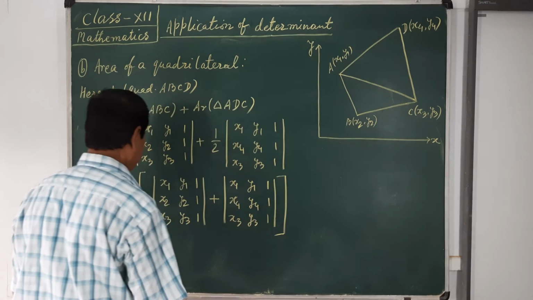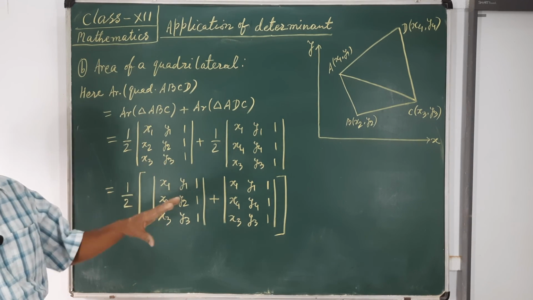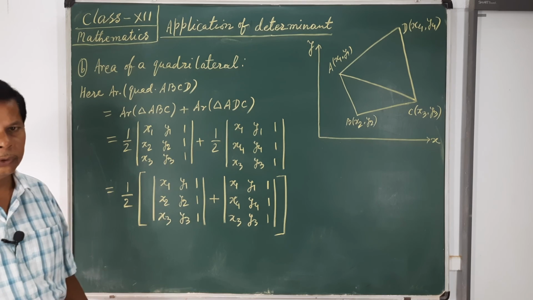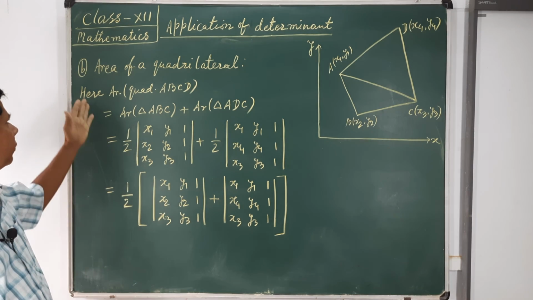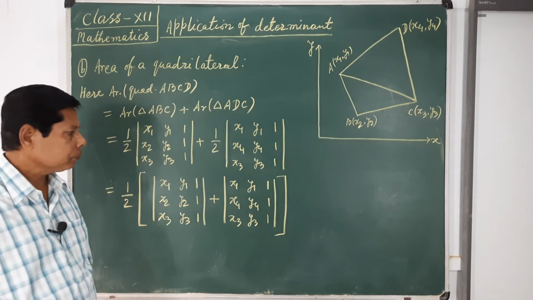So this is your area of a quadrilateral. We just add the areas of two triangles. So it is almost a repetition of the area of a triangle.